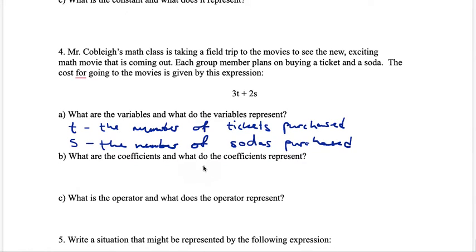What are the coefficients and what do the coefficients represent? Again, we've got a 3 and we've got a 2. Those are our 2 coefficients. The 3 is the cost of one ticket, and the 2 is the cost of one soda.